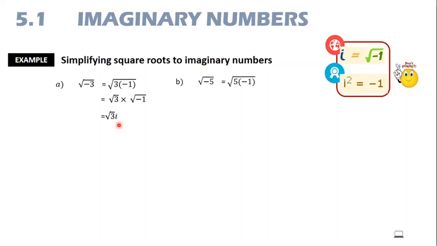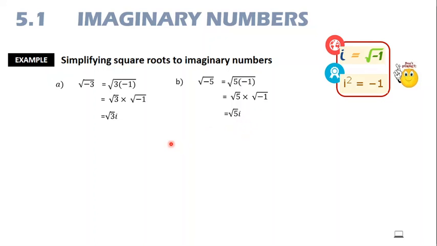Next, punca kuasa negatif 5. Again, we separate the 5 and the negative. 5 multiplied by negative 1, square root of 5 multiplied by square root of negative 1, and you get the answer square root of 5 i.